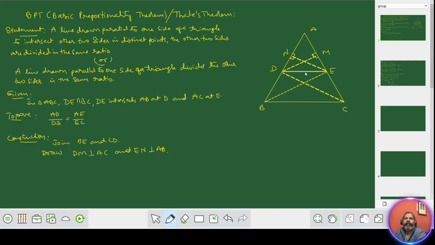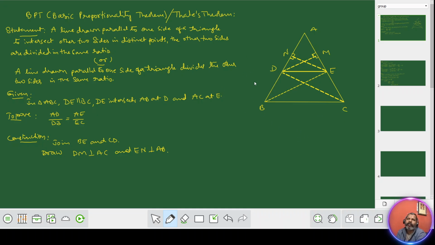The other part of the construction is that we draw the line EN perpendicular to AB, which is also perpendicular to AD, and DM perpendicular to AC. Understood?